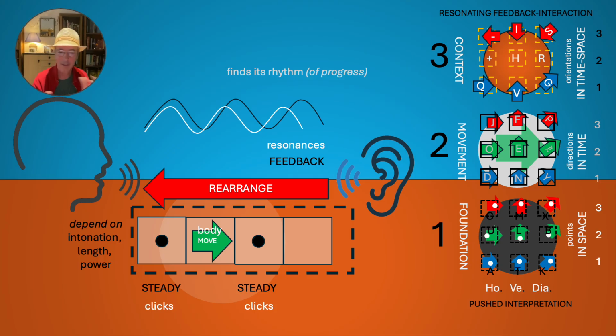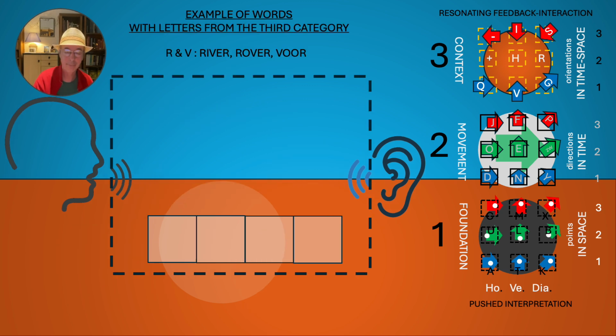As long as you can see the direction, that's also another signal. The last one has so much resonance and feedback that goes all over the word, and it gives more the idea of, oh, there's something that needs to be rearranged. And that's how we're going to see the words that now have the V and the R.